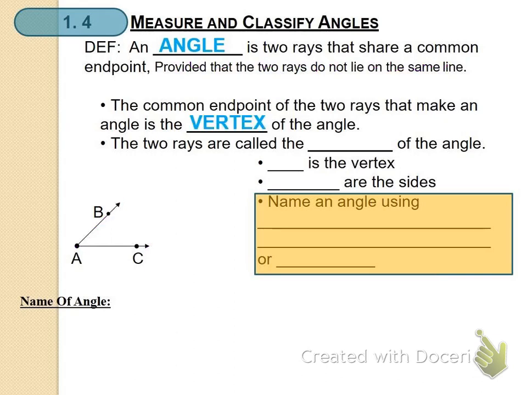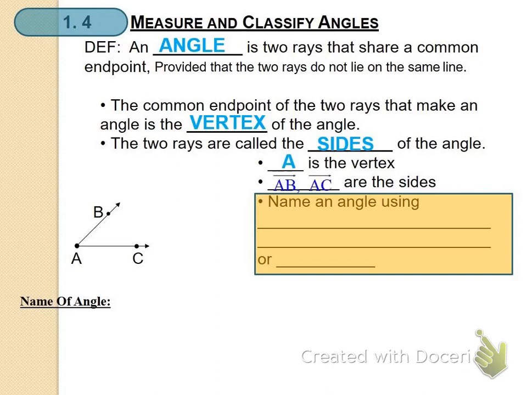The common endpoint is called a vertex. As a matter of fact, any corner in geometry from here on out is going to be called a vertex. And the rays are going to be called sides. Those are the sides of the angles. And so in this particular angle, the vertex is point A. It's just a point, so we can list it as just a point.